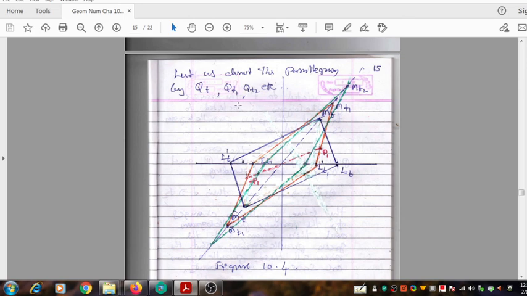So the initial parallelogram QT is changed to QT1, and then QT1 is changed to QT2.